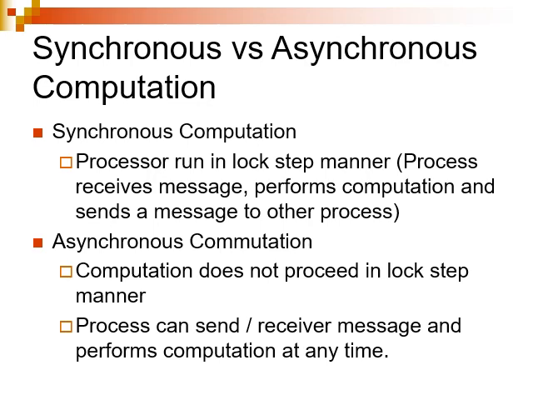The processors are synchronized on a common clock. But in case of asynchronous computation, computation does not proceed in lockstep manner, and a processor can send or receive messages and perform computation at any time. The Internet is the best example of asynchronous communication. In that communication, we receive the messages at any time, and we check those messages whenever we get the time. So there are two types of computations, synchronous and asynchronous.